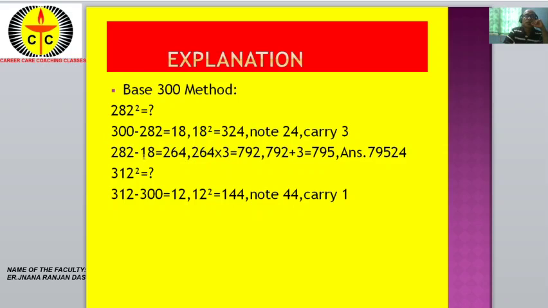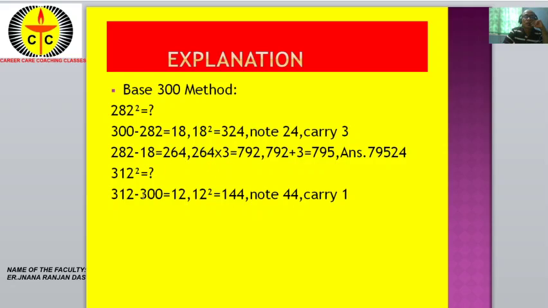Then we subtract 18 from 282, that is 264. Then as it is the 300 base method, we multiply it with 3. This becomes 792. Then add carry 3. This is 795. So the answer is 79,524. In this way, we can find it.